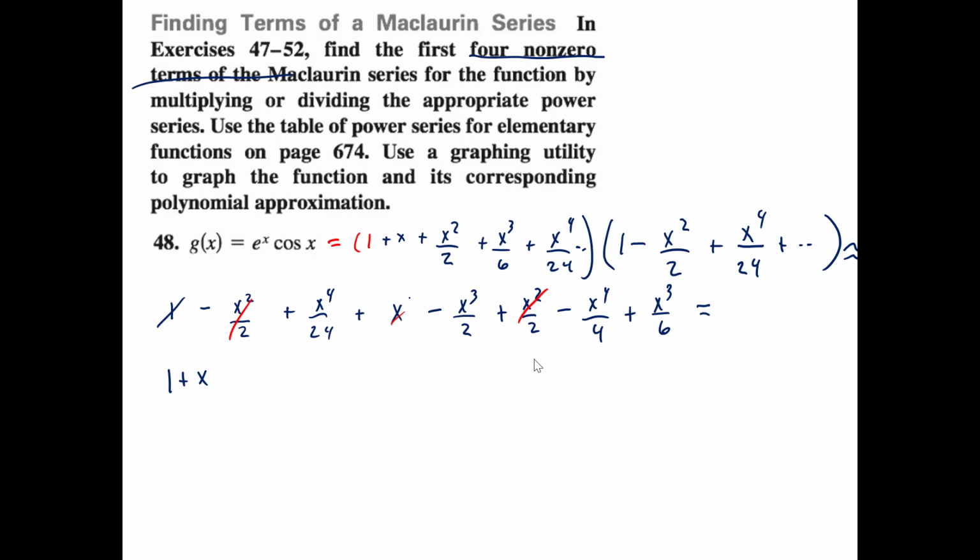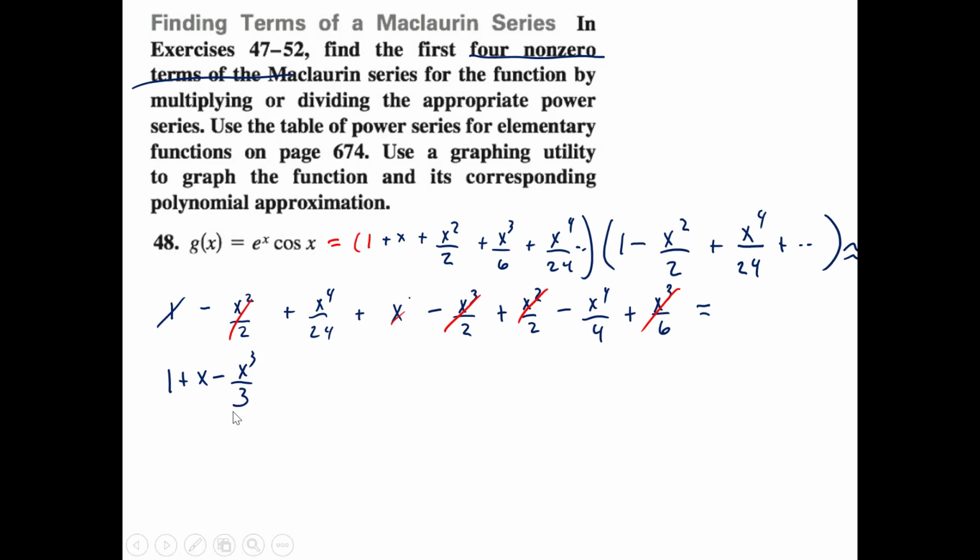Looks like I'm done with the x squareds. Okay, so now let's move on to the x cubed. And then we have the minus x cubed over 2 plus the x cubed over 6. Negative 1/2 plus 1/6 is negative 1/3. And so then I get a minus x cubed over 3.